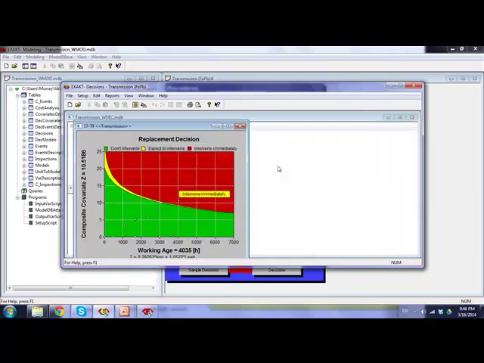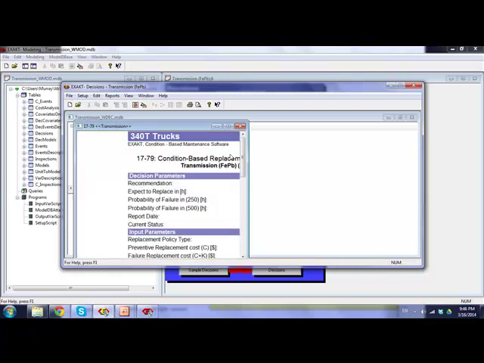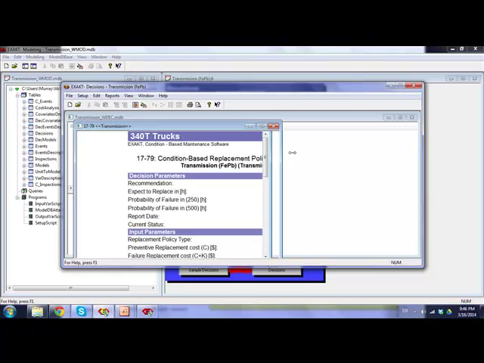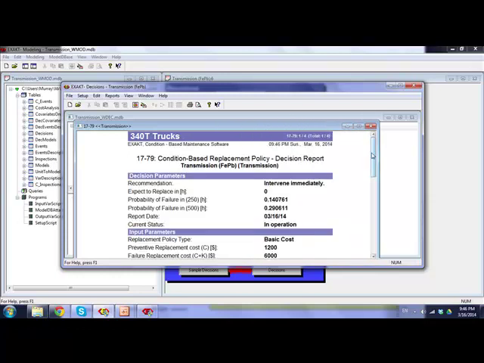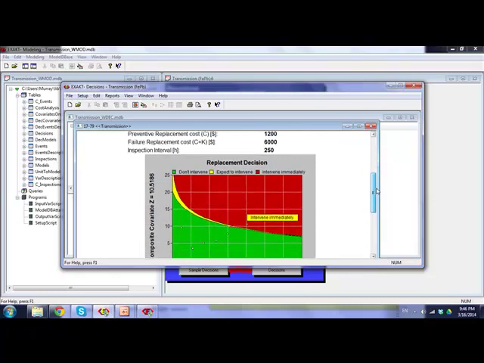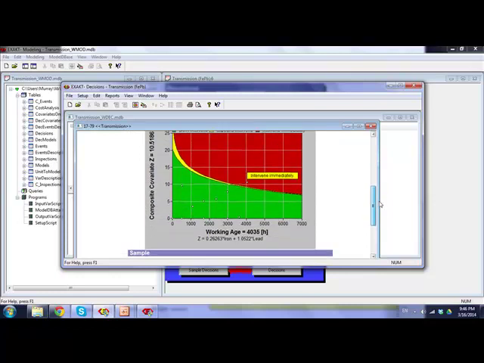The first of the underlying reports shows that the unit is in the red region of the graph, indicating the state of potential failure. The optimal recommendation is to intervene immediately in order to renew the failure mode in question, in this case, the transmission.